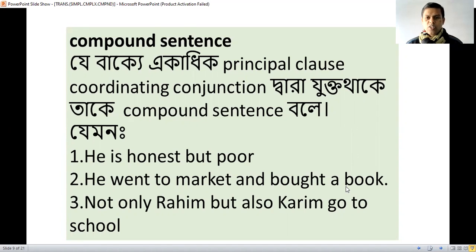That means not only Rahim goes to school but also Karim goes to school. So there are two simple clauses in structure, but when they are connected with a coordinating conjunction, they are called a compound sentence. I think this is clear. In our previous classes, we have already discussed it.